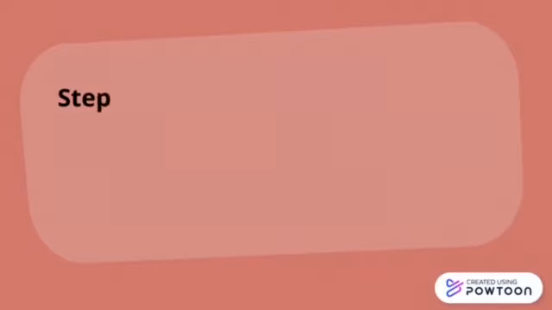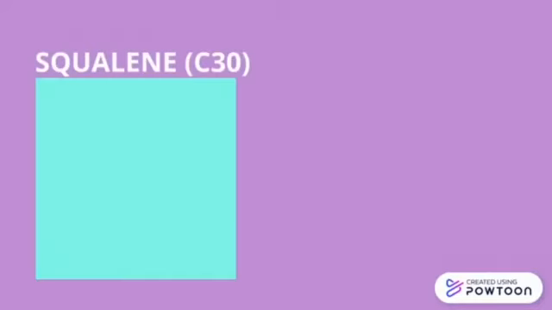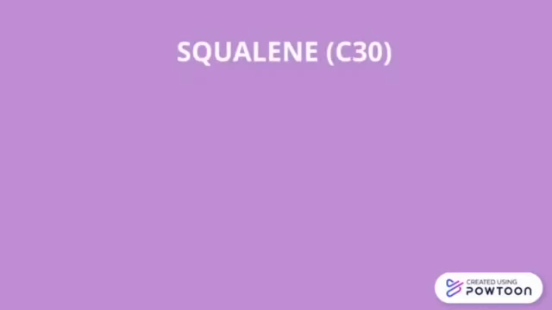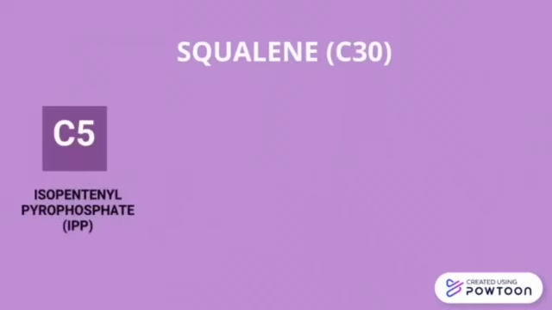Step 4. IPP converted to squalene. Squalene consists of 30 carbons. Synthesis of squalene requires 6 molecules of isopentenyl pyrophosphate and involves 3 steps. The sequence of the reaction is right below.